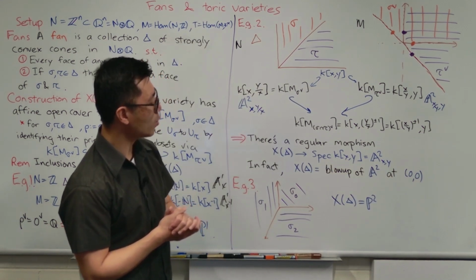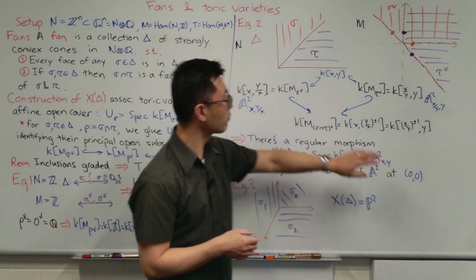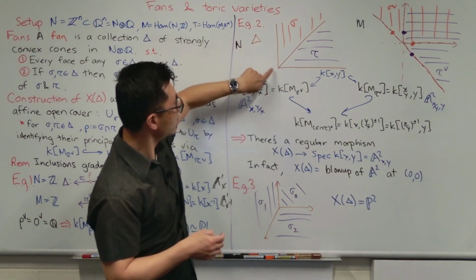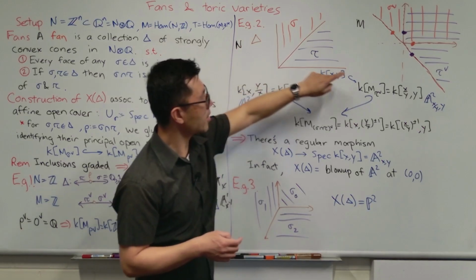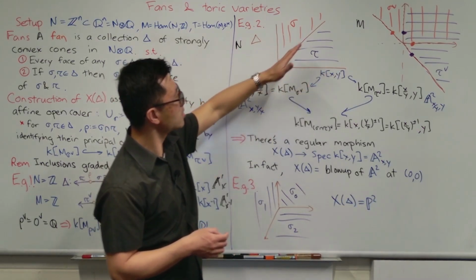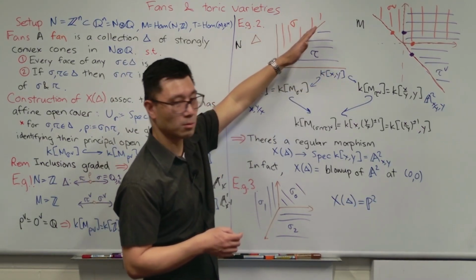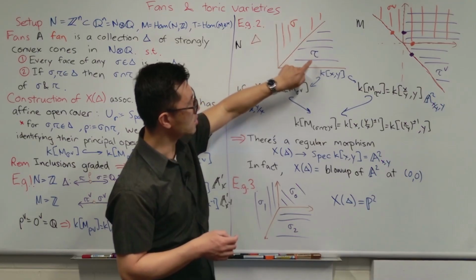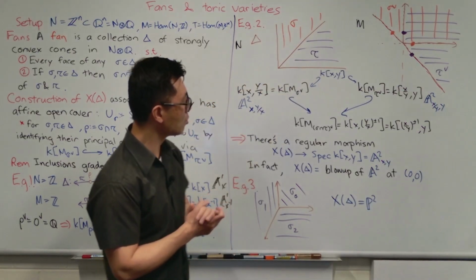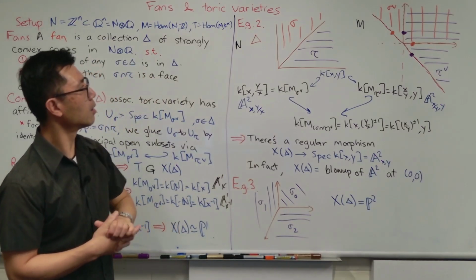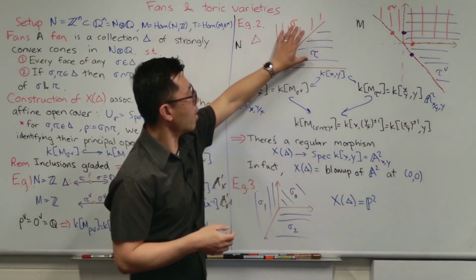So what is A2 with coordinates x, y as an affine toric variety? That's just given by this positive quadrant, if you like. And it turns out that if you want to blow up, what you do is that you just chop that into two, into this sigma and this tau. Okay, and that gives you the blow up.